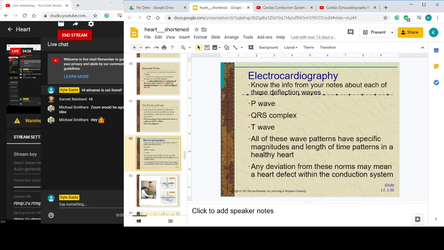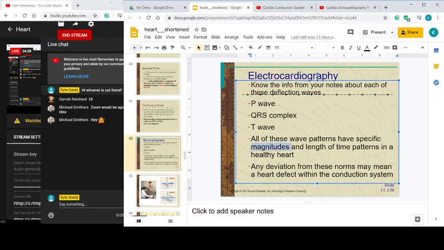Any deviation from the norms may mean there's a heart defect within the conduction system. So when you do an EKG, we're looking for an electrical issue here.